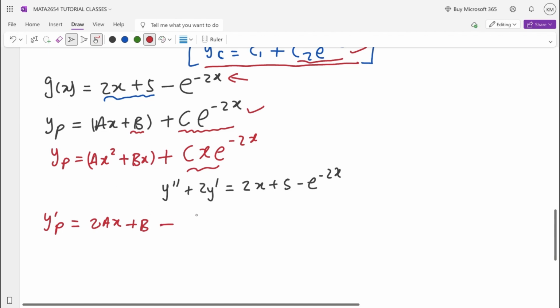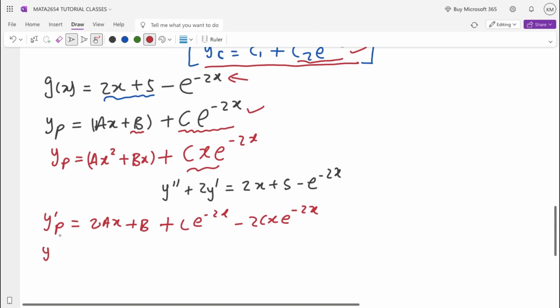Oh, hold on. So we can say plus. When we derive this, it is a product of two functions, so we have to apply the product rule. So we're going to get plus c e to the minus 2x, then minus 2cx e to the minus 2x, just like that. Okay, so that is the first derivative.